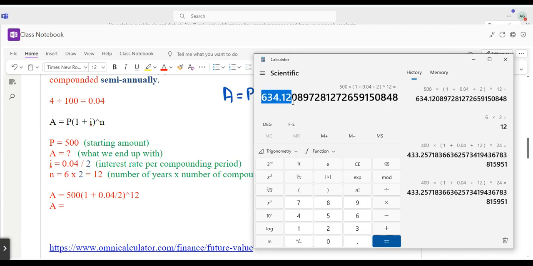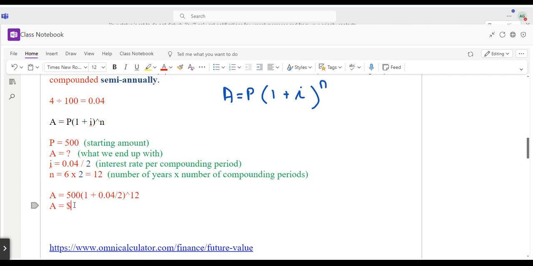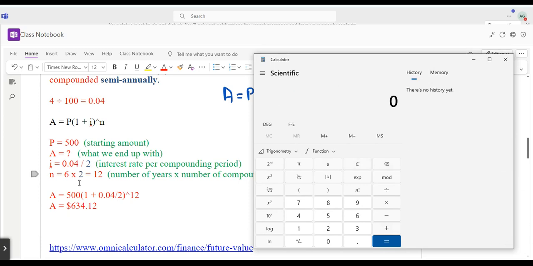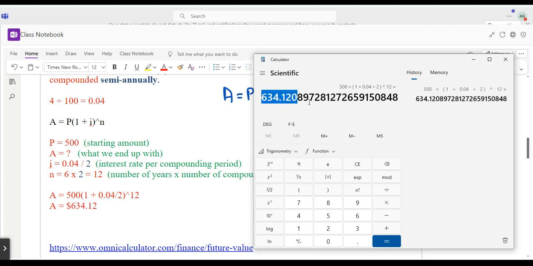And I'm going to get 634.12, and it ends with a 0. Since 0 is 4 or less, I round down. And so I'm going to get this as my result. So again, just to run through this, I take my 500 bracket 1 plus 0.04 divided by 2, xy 12. And so I get that same result.